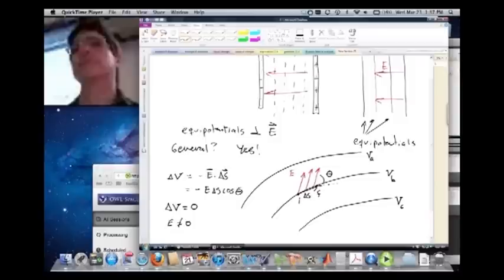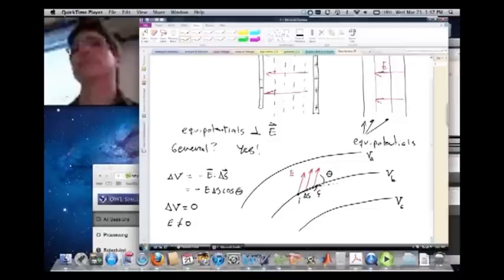Now we said that I and F are on an equipotential. So that means that there is no change in potential. The change in potential is zero because the potential at I is the same as the potential at F. If that's the case, then one of those three quantities in the equation minus E delta S cosine theta is going to have to be zero.